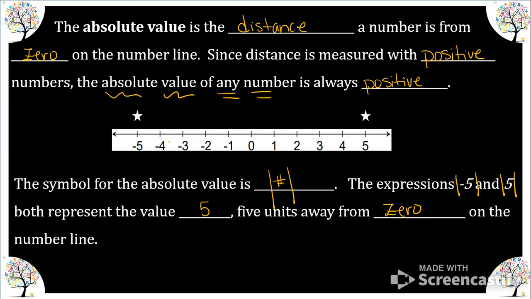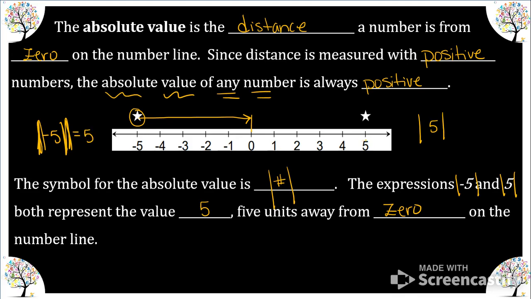So let's take a look at this. If I have the absolute value of -5 and the absolute value of +5, what that is saying is we're starting here where these stars are. This is -5, but when we put the absolute value around, it is just asking how far is that integer back to the origin of 0. It is 5 units.